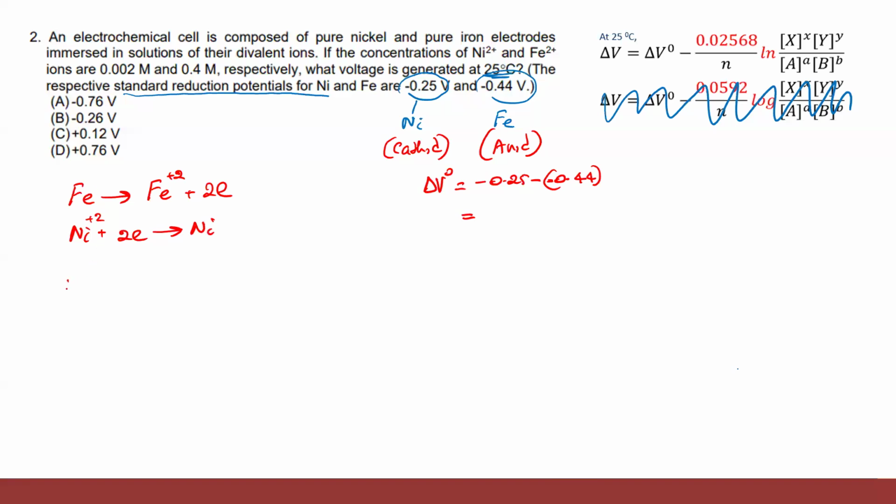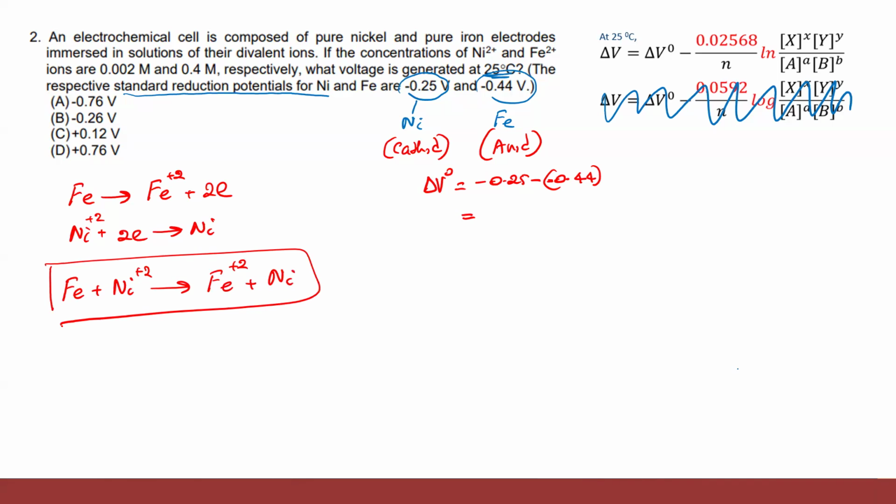So when you add these together, this is your overall equation. Am I right? So this is 0.19 volts. Is that right? Okay, now you should be able to proceed.